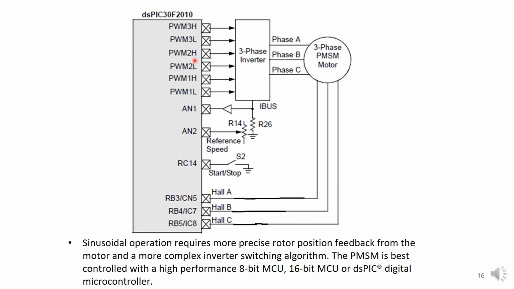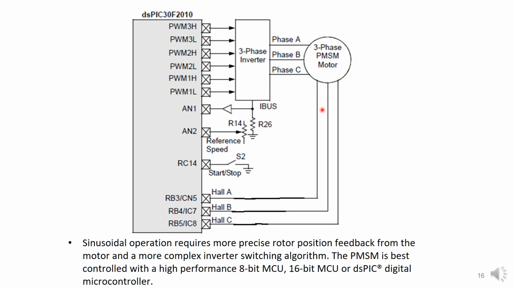Here you can see we have PWM signals 1, 2 and 3. We have 3 legs for the inverter, that is 6 switches. The gate of each switch is connected to its PWM port, and the output of the inverter is connected to the PMSM motor.